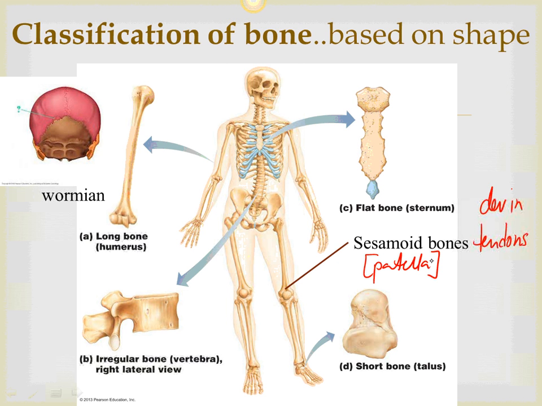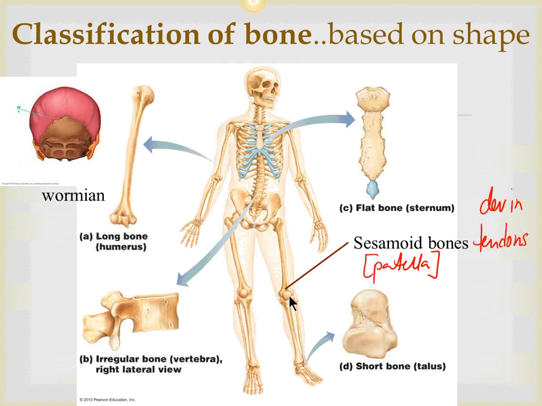So the patella is an example of a sesamoid bone. If this patella was not here, there's a muscle here which we'll do when we do the muscular system called quadriceps femoris. That muscle would be constantly rubbing against the femur, and it would get worn off. So the patella develops there, so it prevents that. It also helps to increase the blood supply to the tendon. So that's a really good thing.